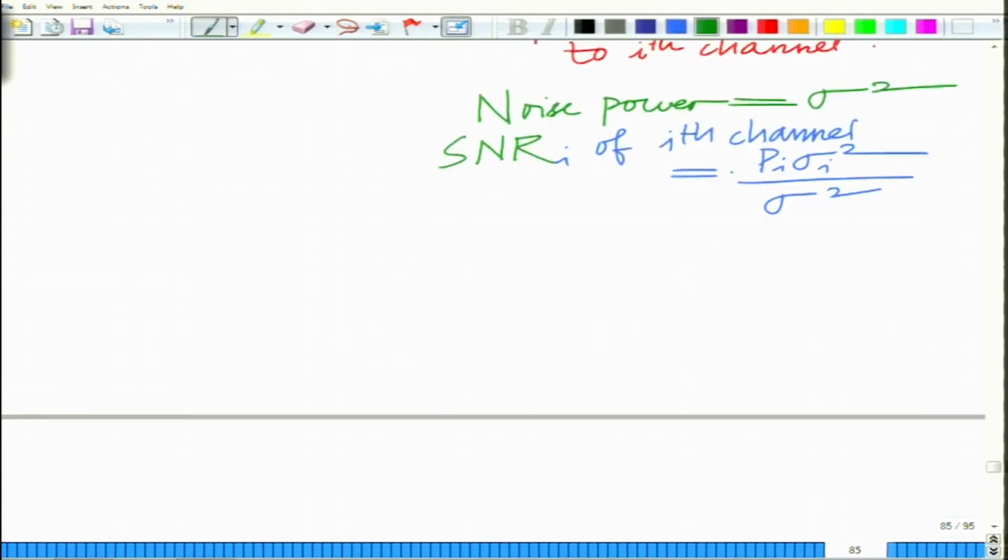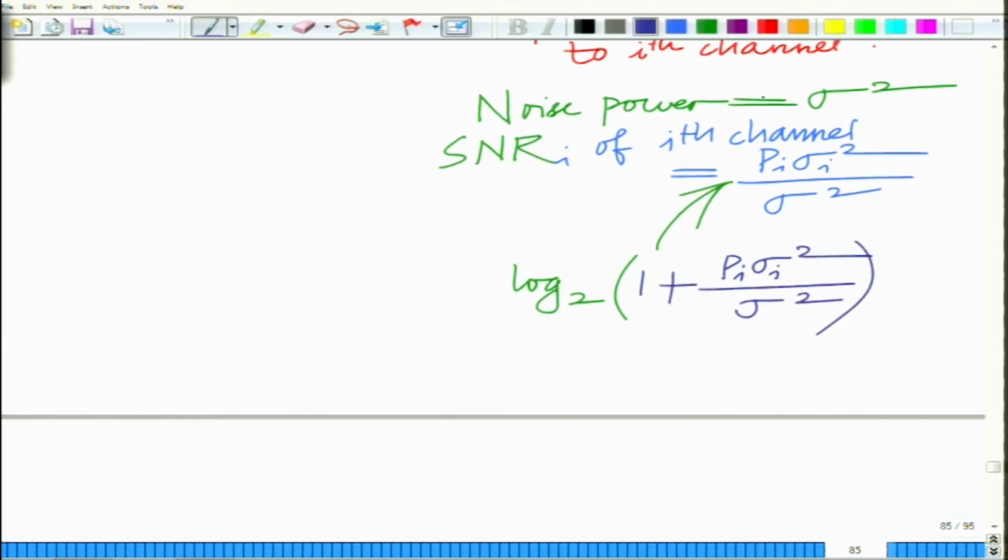The maximum rate of the ith channel is log to the base 2 of 1 plus pi sigma i square divided by sigma square. So the optimization sum rate will be the sum across all the t parallel channels. This is the sum rate of the system.